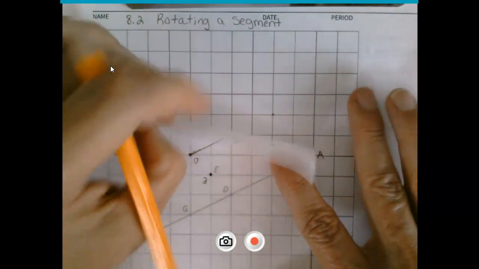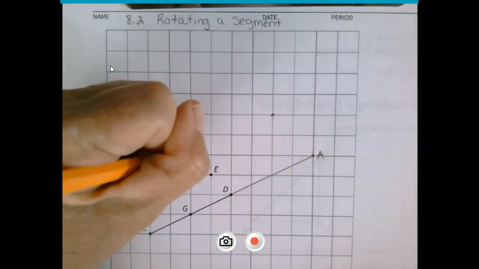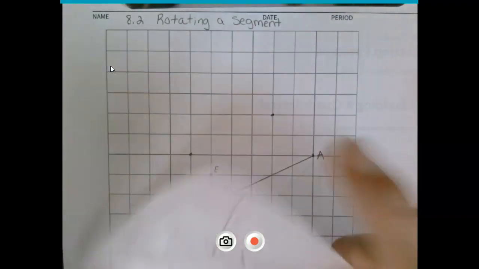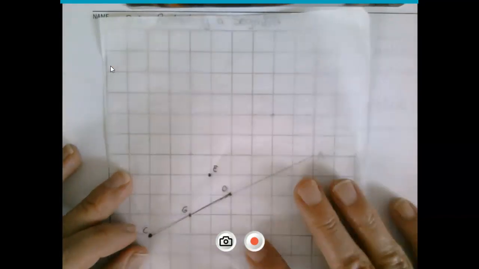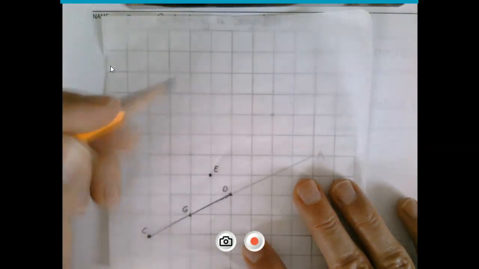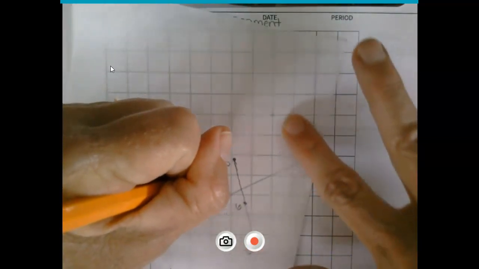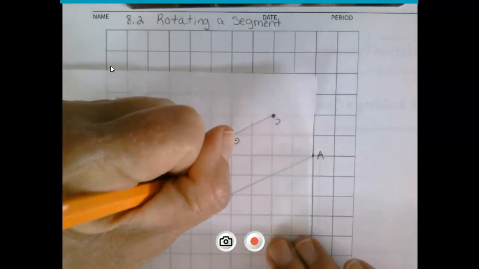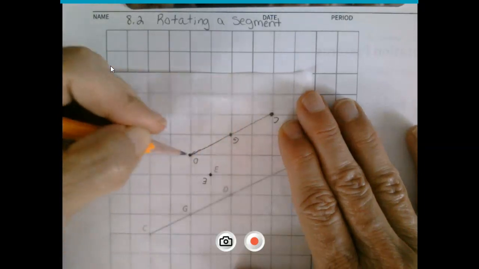And I'm going to put my points right here and push down a little bit to see if they come out. Yeah, they did. So I'm going to put my points here, and I'm not going to connect it until I can see if it's going to land in the same spot going counterclockwise too. So I'm going to put it back on here, line my points back up, and go counterclockwise 180 degrees. Okay, 180. Looky there. Same spot again.